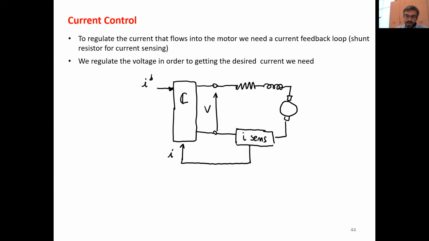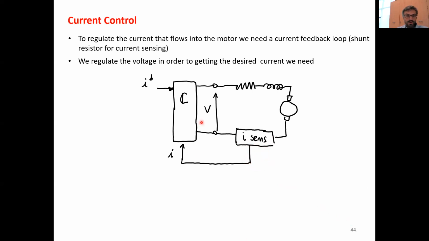And this is a very common and highly reliable choice to measure the current and commonly adopted in many applications.